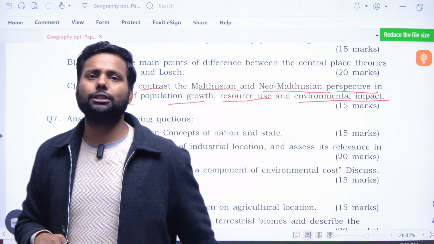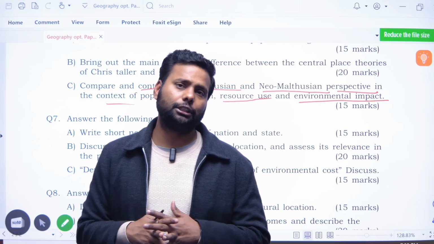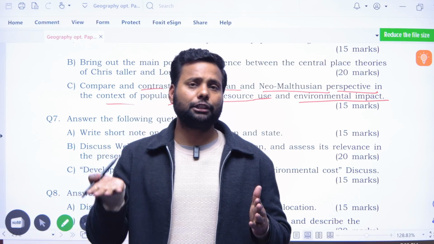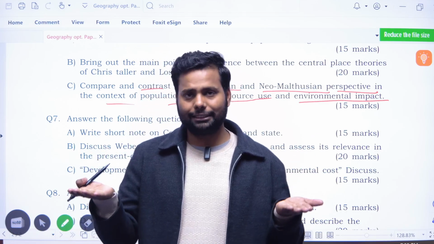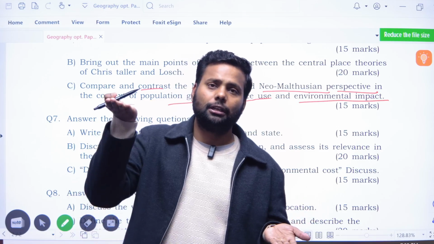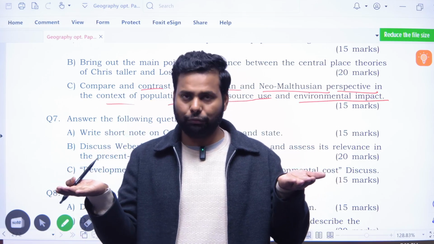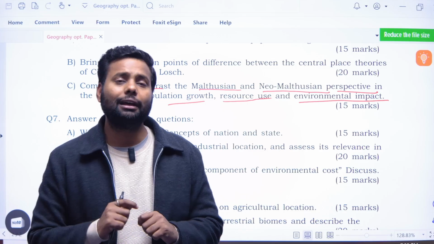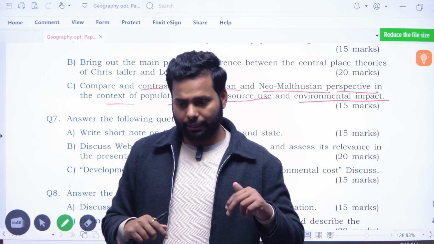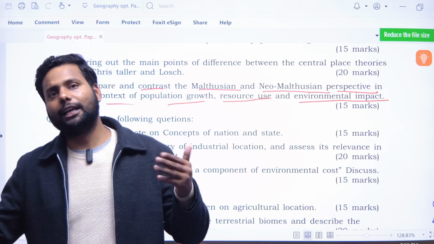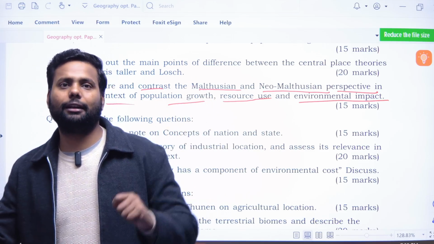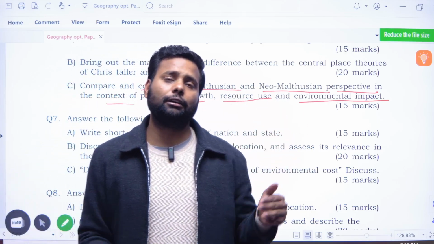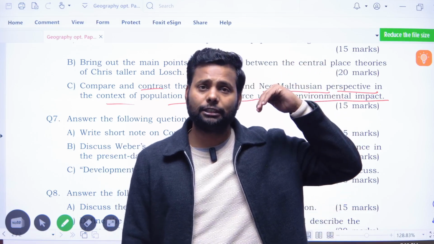We all know that the Malthusian theory is the theory of relation between population growth and food, and there is a stage where the population is more and there is food scarcity, a food gap between two graphs, one a food graph, one a population graph, where the population increases at a geometrical rate, and food production increases at an arithmetical rate.